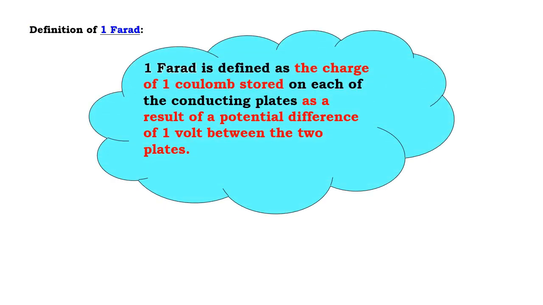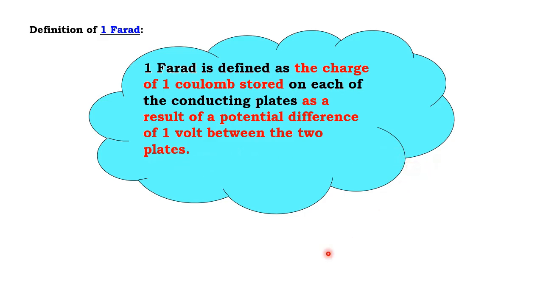Let us describe 1 farad. 1 farad is defined as the charge of 1 coulomb stored on each conducting plate as a result of a potential difference of 1 volt between the two plates.